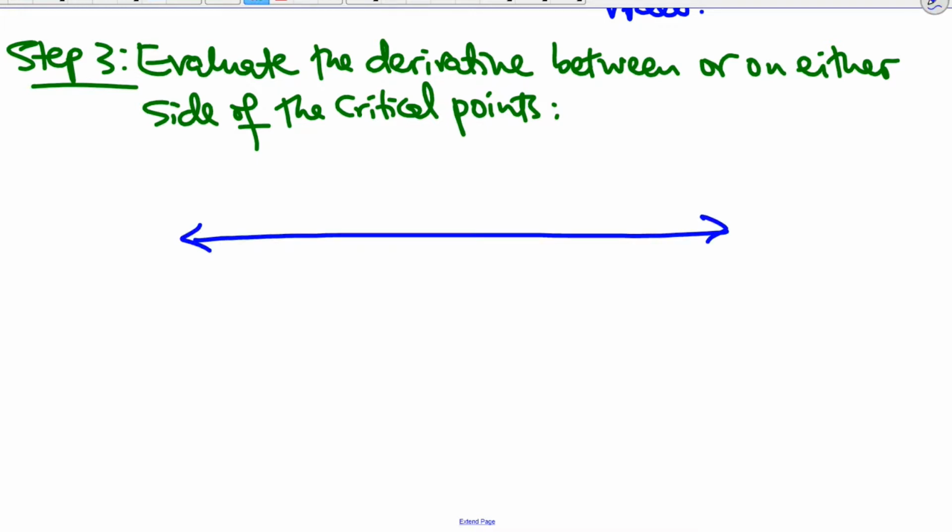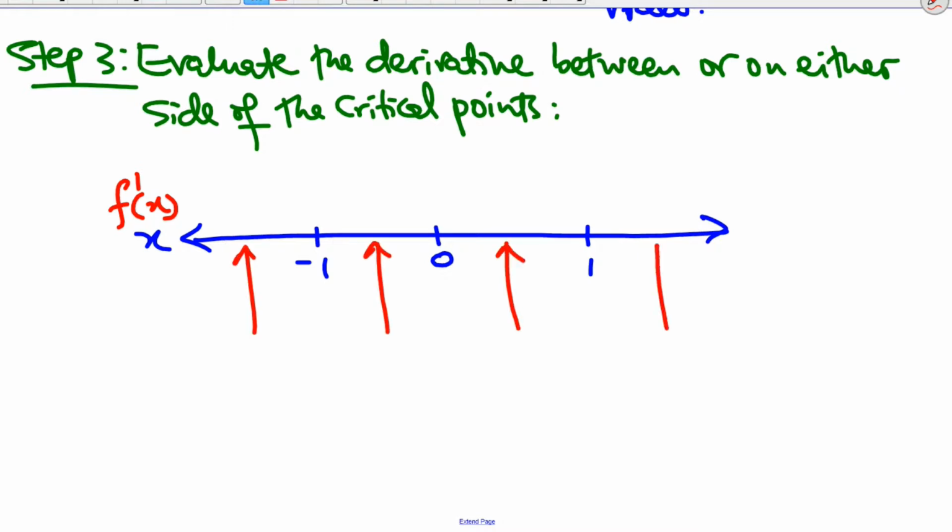We had already done this previously again. So we have 0, we have 1, we have -1. And by the way, these are x values. What you're interested in is the sign of the first derivative. And we picked test points on each of these sides.